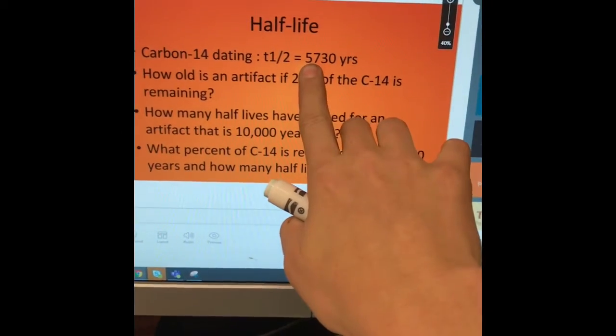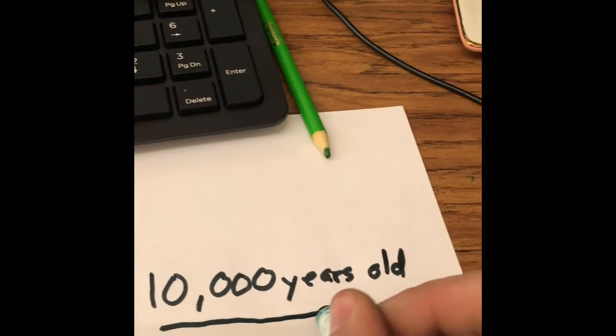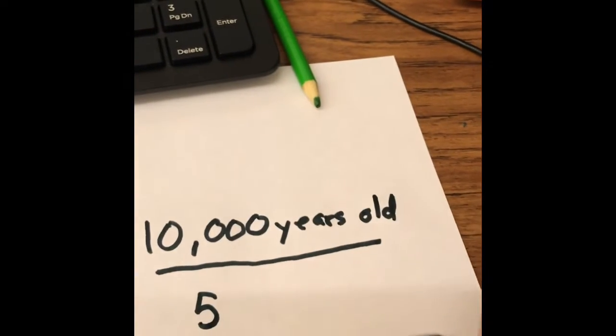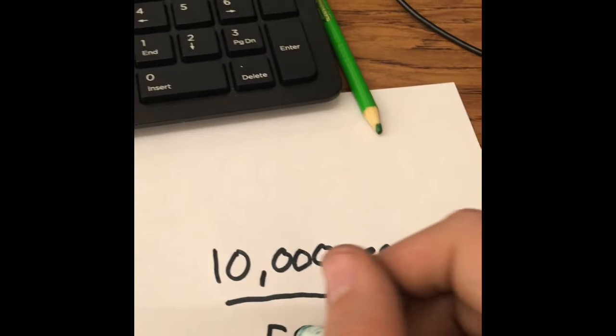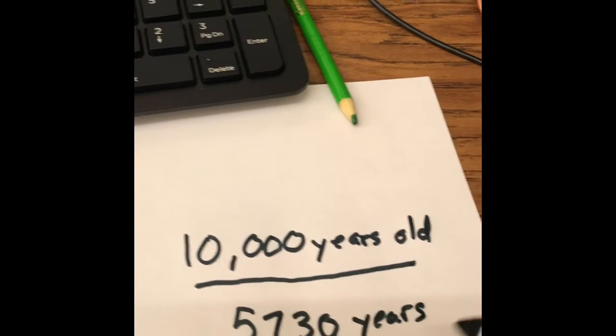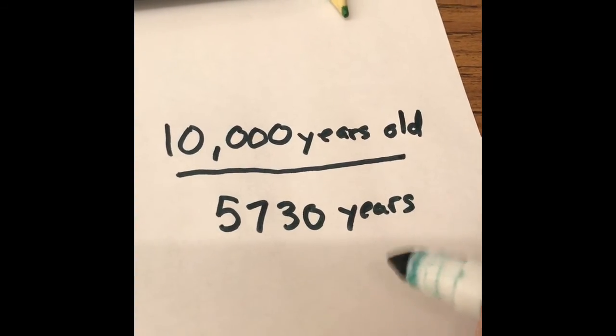Let's think about what we know. We know that the length of one half-life is 5,730 years. So if I take the total age of my artifact and divide it by the length of one half-life, 5,730 years, that's going to give me the total number of half-lives that have occurred.